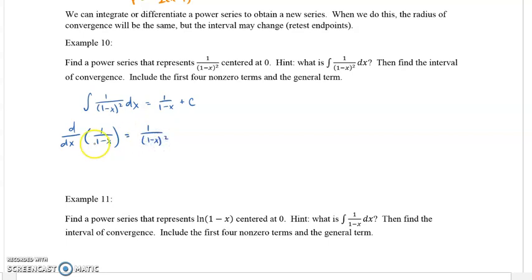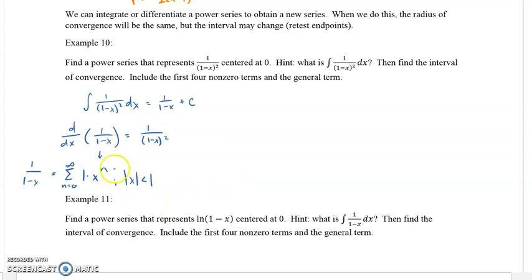Well, but I also know all about this, because I know that this can be written as a geometric series, right? Because we know that the sum from n equals 0 to infinity of a times r to the n is equal to a over 1 minus r, provided that we have our x values between 1 and -1.